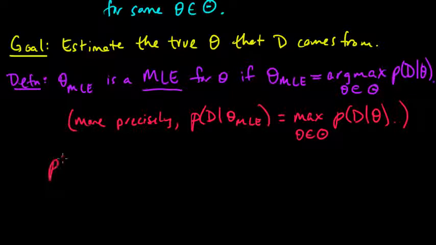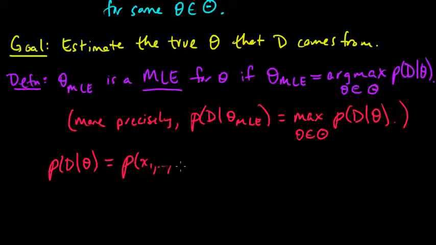So here, p of D given theta, this is the thing I was about to start writing above. We just mean this, which we could also write as the product, since we're assuming that these are IID.